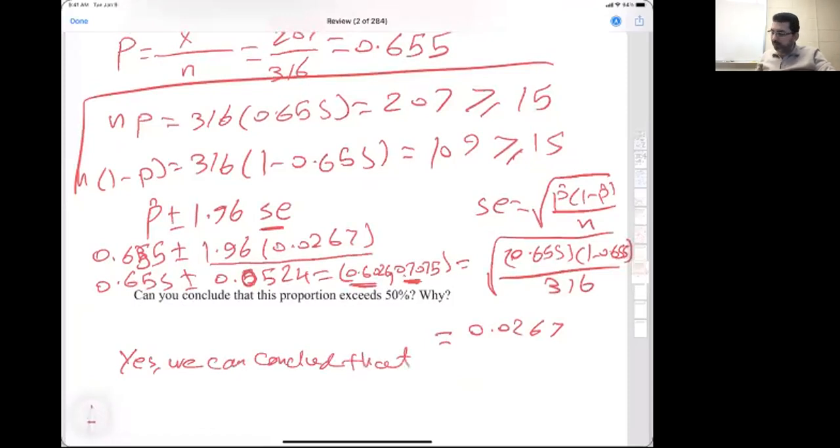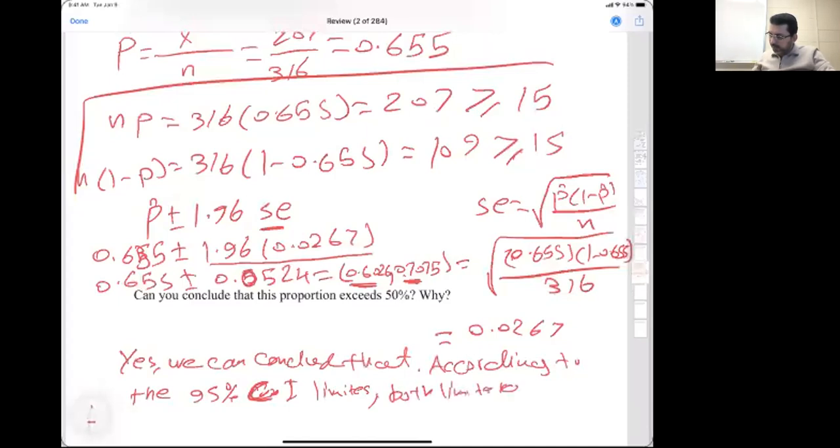Why? As I said to you, according to the 95% confidence interval limits, both limits are greater than 50%.